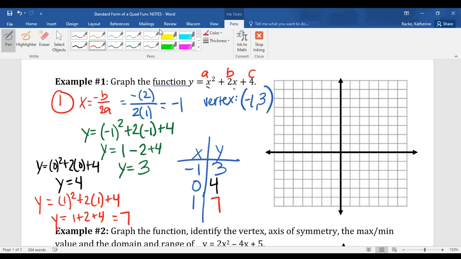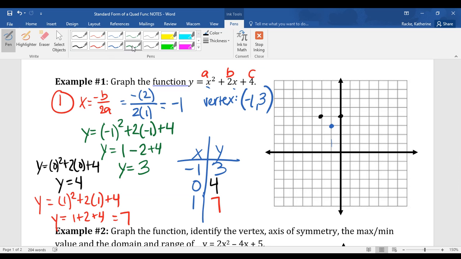So let's go ahead and plot those points. Plot our vertex first. So negative 1, 3. We know that this is going to open up because our x squared is positive. Going to plot our point 0, 4. Remember, it's a reflection there.